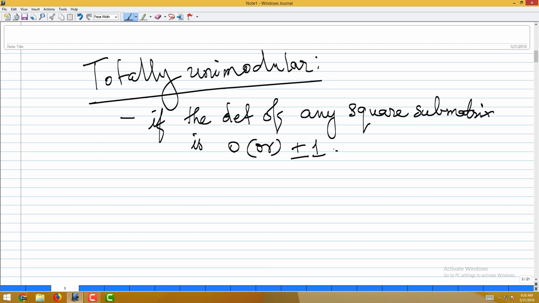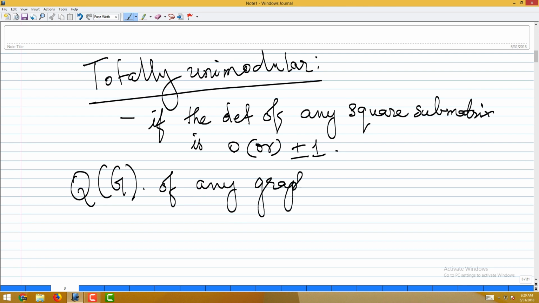Okay. So now the claim is this matrix Q of G, the incidence matrix we are talking about, is unimodular, totally unimodular in fact. This is the next result: Q of G of any graph G is totally unimodular.